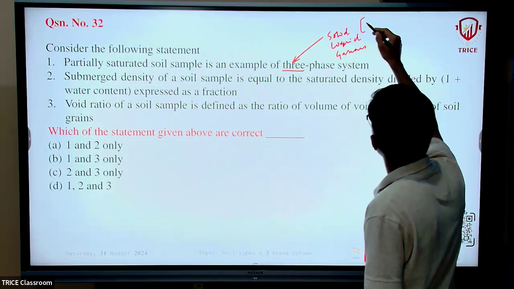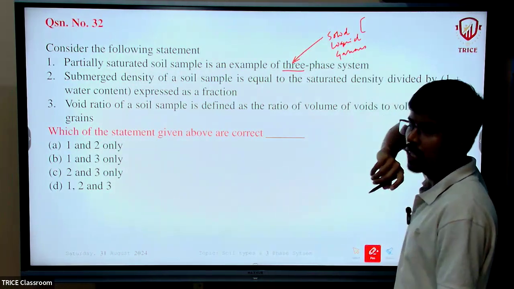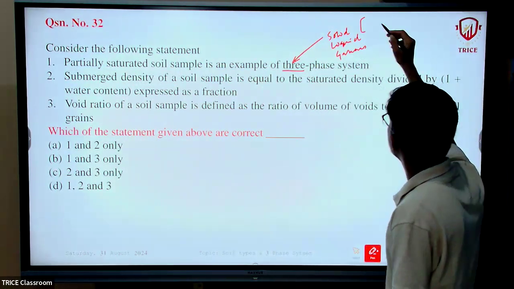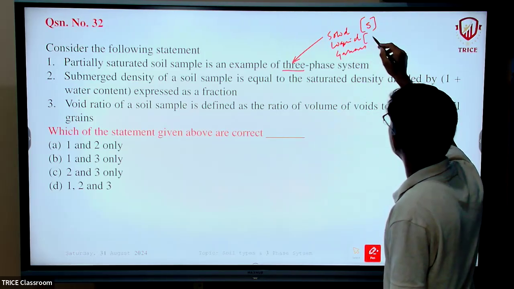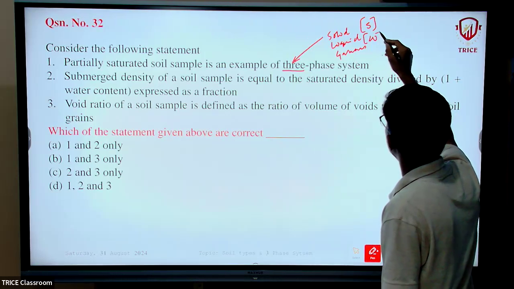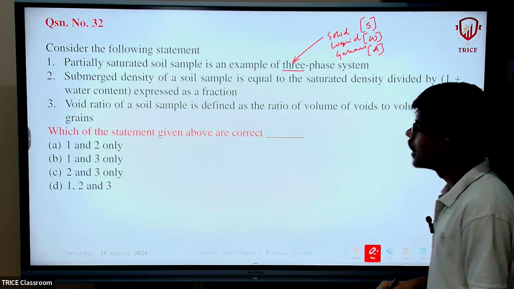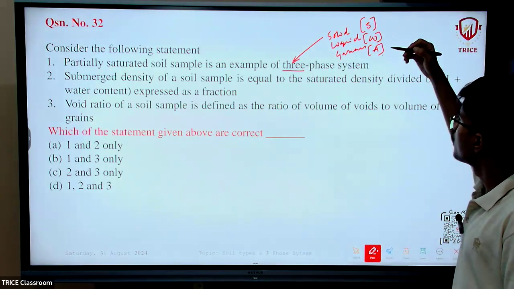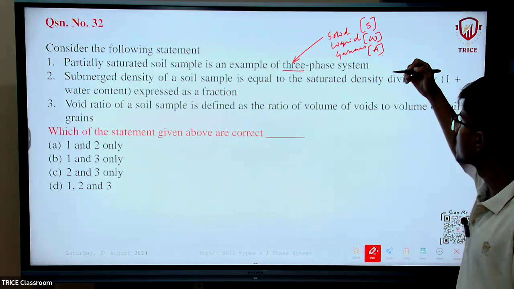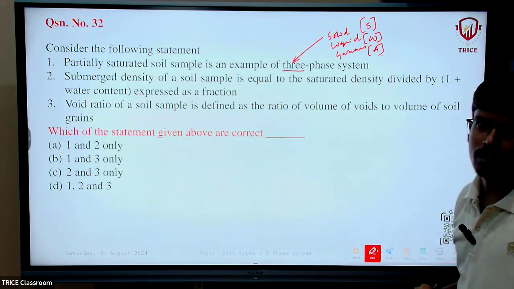The solid part is the soil particles, the liquid part is the water in the voids, and the gas is the air. So a system consisting of solid, liquid, and gas is called a three-phase system.